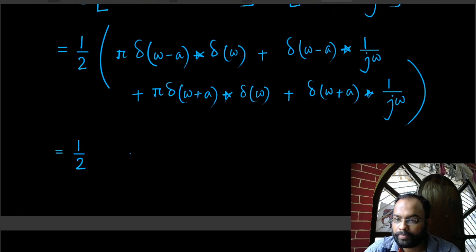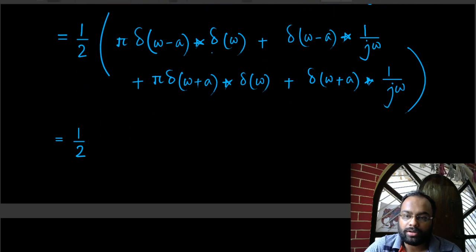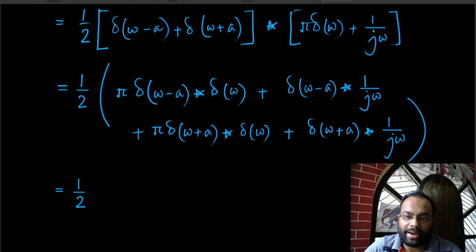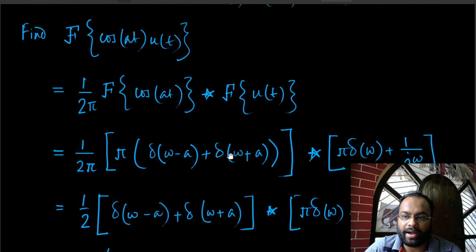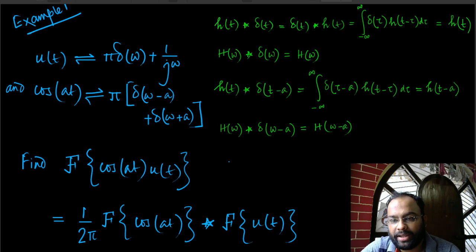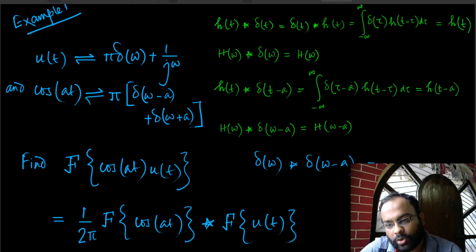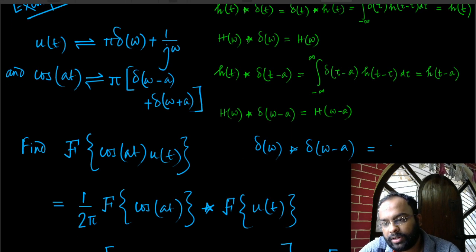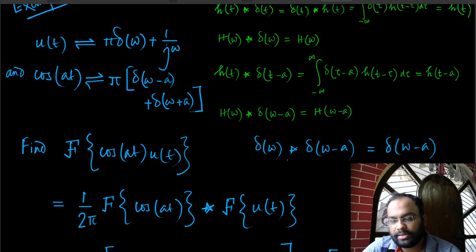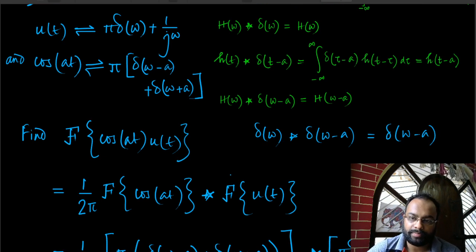Now this is my h omega, for example. When I convolve delta omega minus a with delta omega, I am convolving delta omega with delta omega minus a. So this is your h omega, and the answer would be simply delta omega minus a.